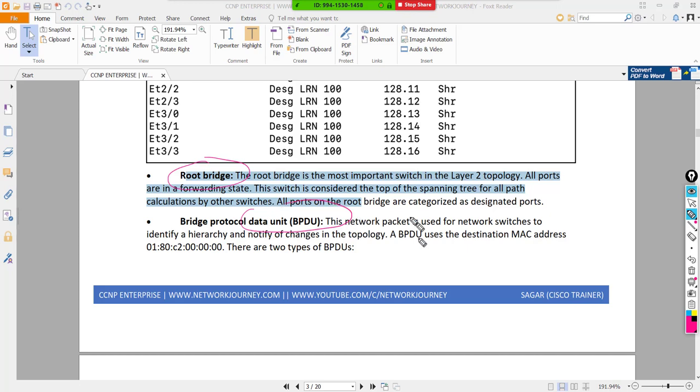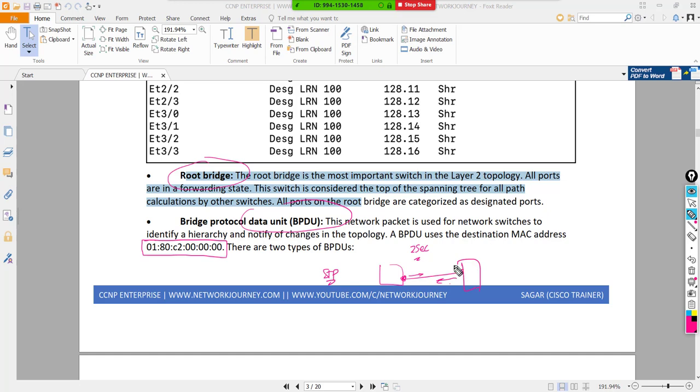What is BPDU? BPDU carries the advertisements from the switches. As soon as you connect the switches and enable the switch port, they start transmitting BPDUs. Every 2 seconds, the BPDU will be exchanged. In the case of STP, this is the MAC address your BPDU is using.